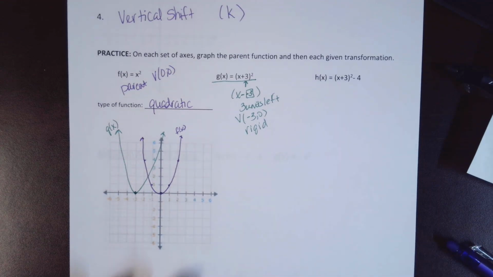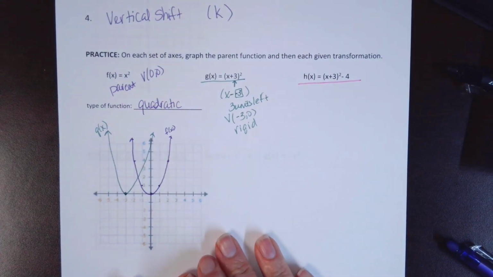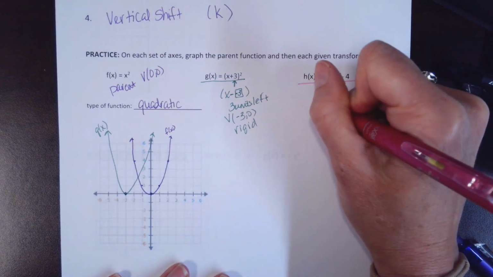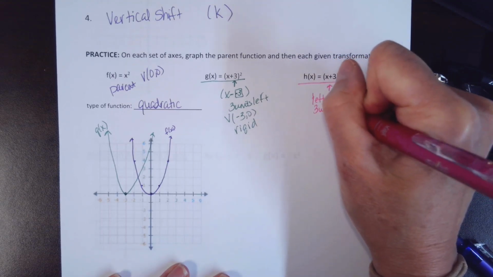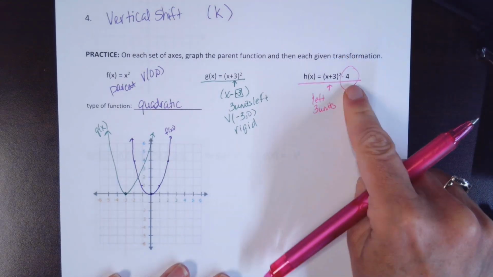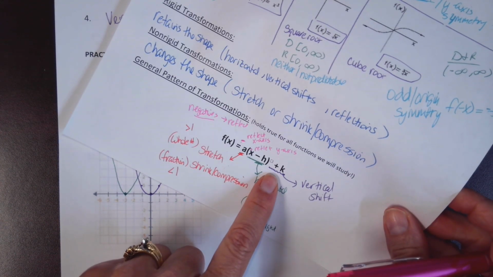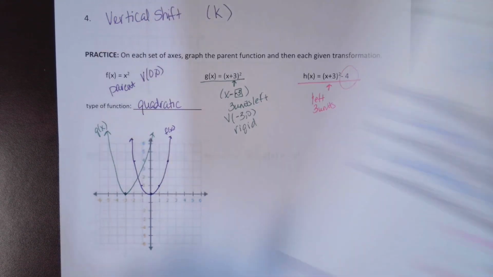And then my third transformation, h of x, I've got my shift left 3 units, and then I've tacked on this minus 4. Well, if I look at my pattern of transformations, that's my vertical shift. It goes the way I expect it to because it starts out as plus.